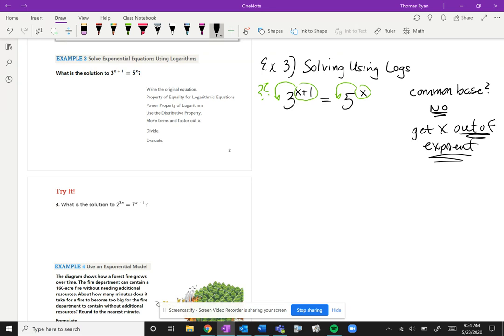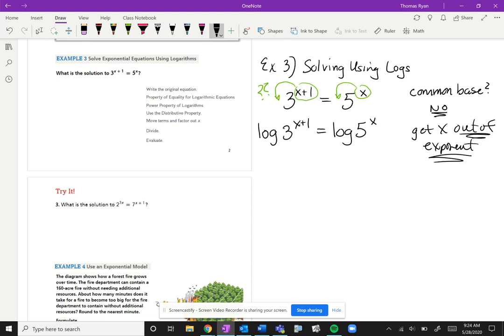So just like you are allowed to multiply by 4 on both sides or add 6 on both sides, you can introduce a log on both sides. And the easiest log to introduce is the common log, log base 10. So all we're going to do is introduce log on both sides, which, as long as you do it on both sides, preserves the equality of the equation.